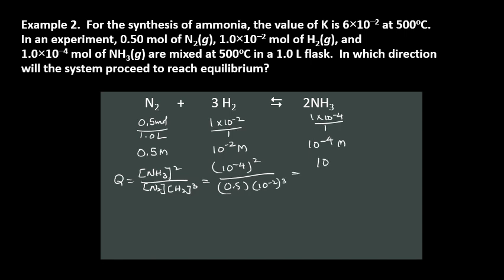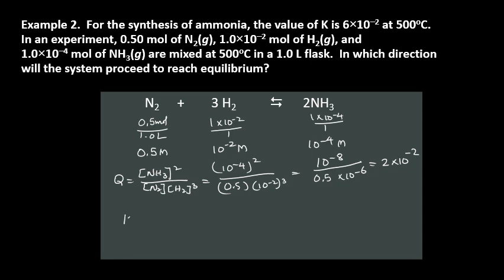So 10 to the power negative 8 divided by, because 4 times 2 is 8, 0.5 times 10 to the power negative 6. That equals 1 over 0.5, which is 2, and then 10 to the power negative 8 plus 6 will be negative 2. So that is our Q value.